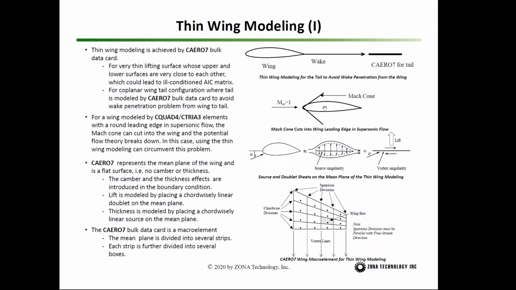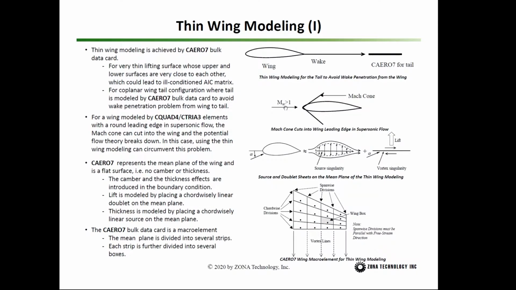And also another case, if you model the wing by the thick wing modeling, you use C4 and C3 to model the wing in supersonic. And in supersonic, we have a so-called Mach cone. The angle of the Mach cone is equal to the arc sine of 1/M infinity.